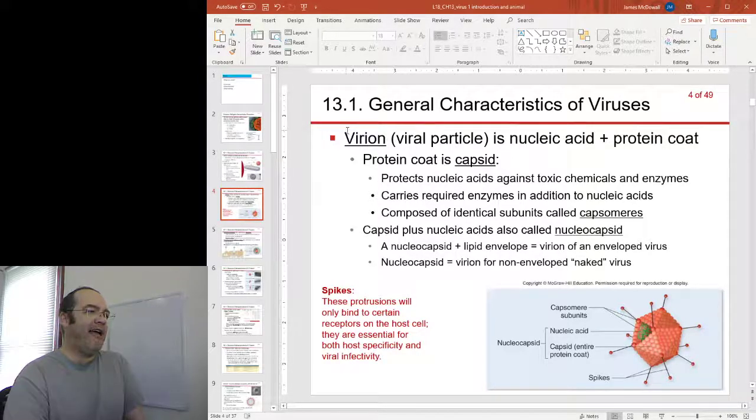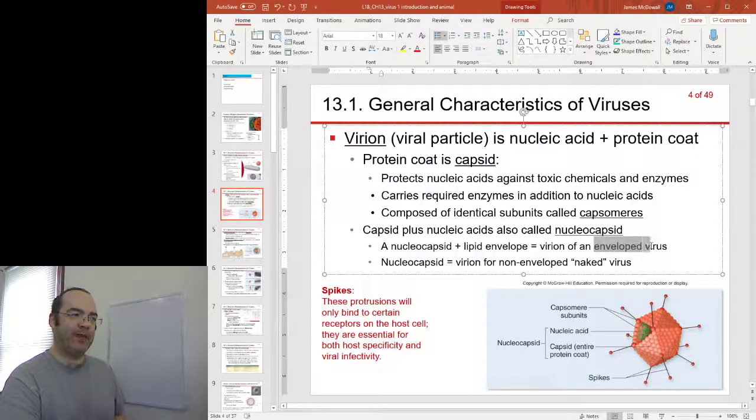So we have a virion. A virion is the entire virus particle. The nucleic acid plus the protein coat plus the envelope, if a virus has an envelope. And the virion would also include things like spikes.